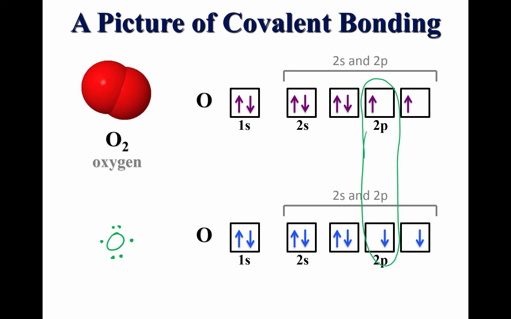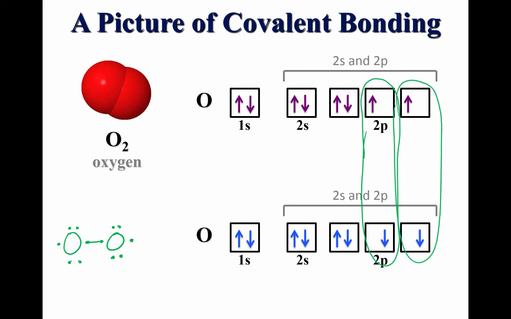When these electrons are shared, oxygen is a little bit closer to having an octet, but it's still short 1 electron. So this oxygen has 1, 2, 3, 4, 5, 6, 7. What's the solution to this problem?